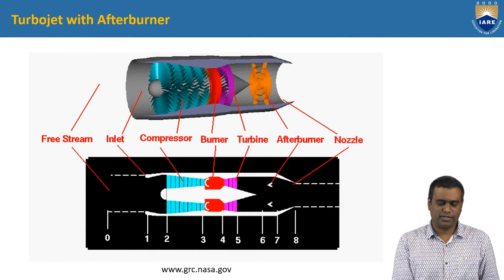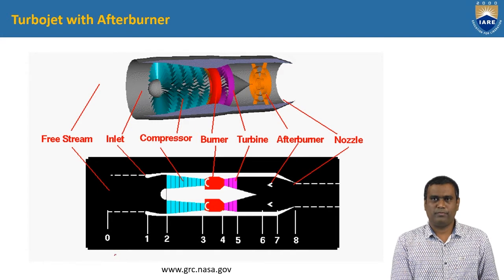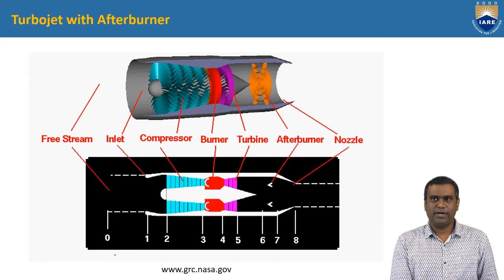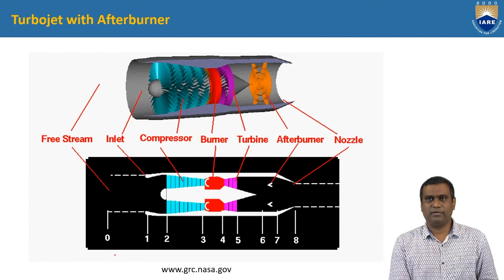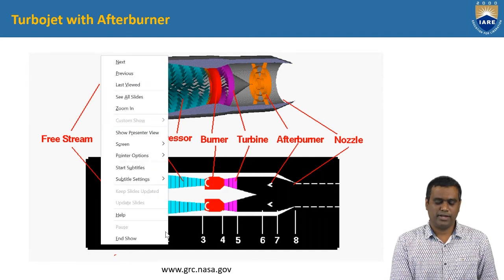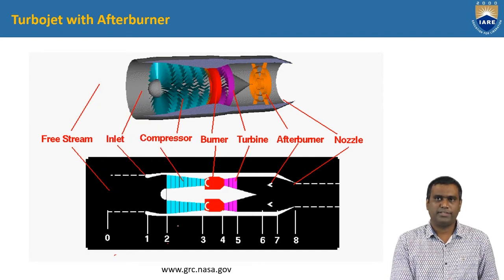And here in this bottom figure, we can see the engine divided into different segments to understand the flow. Actually, 0 is the free stream flow condition, and 1 is the entrance of the inlet. Then 2 is the exit of the inlet and entrance of the compressor, and 3 is the exit of the compressor and entrance of the combustion chamber.